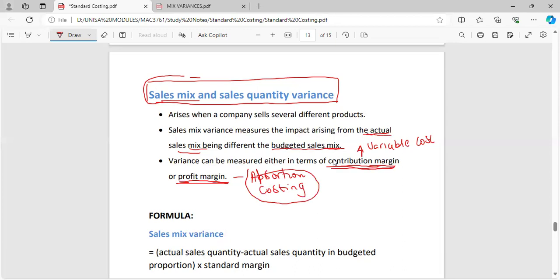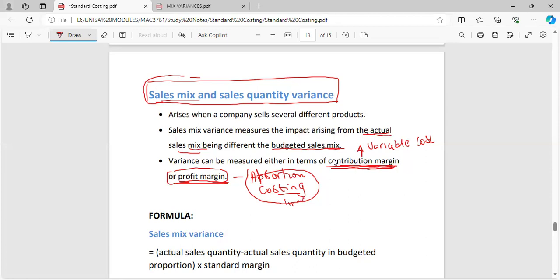It means you are going to remove the fixed cost element in this profit margin so that you can now have your contribution margin. That is, if the question requires you to do a contribution margin and you are provided with a profit margin, then you are going to remove the fixed element in here so that you can have a contribution margin.